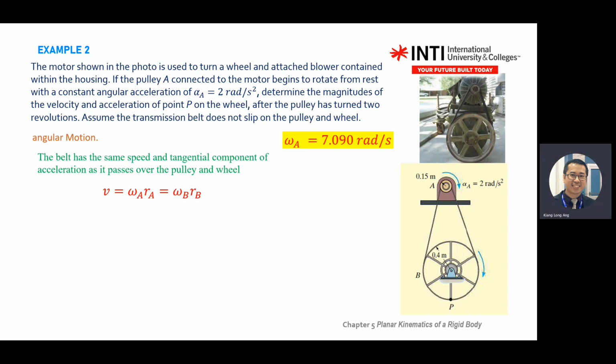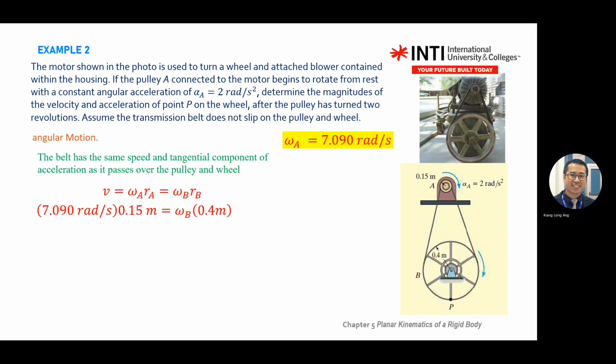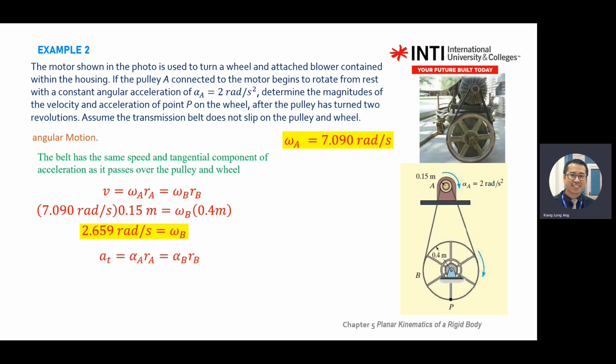So the tangent velocity at this small circle will be the same as the tangent velocity of B. That's why you can link omega A R equal to omega B R. You substitute the values: omega A you know, R you know, omega B you don't know. Only one unknown left. Rearrange, you get omega B. Once you find omega B, find acceleration.